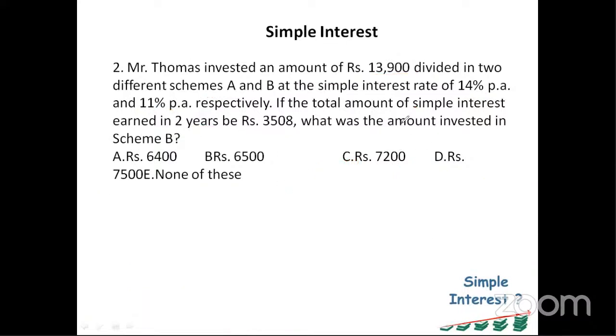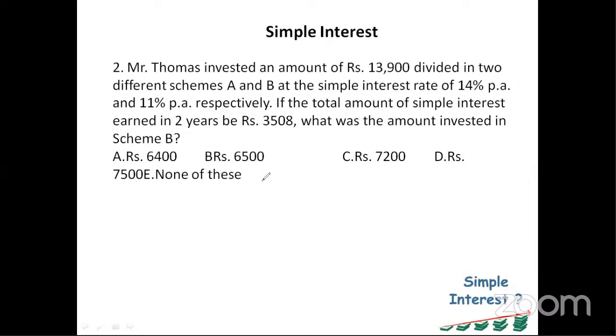Now, what happened here was, for scheme A, we had x into 2 into 14, that becomes 28x, because x into 2 into 14 is 28x by 100. Okay, just rewrite it once again.